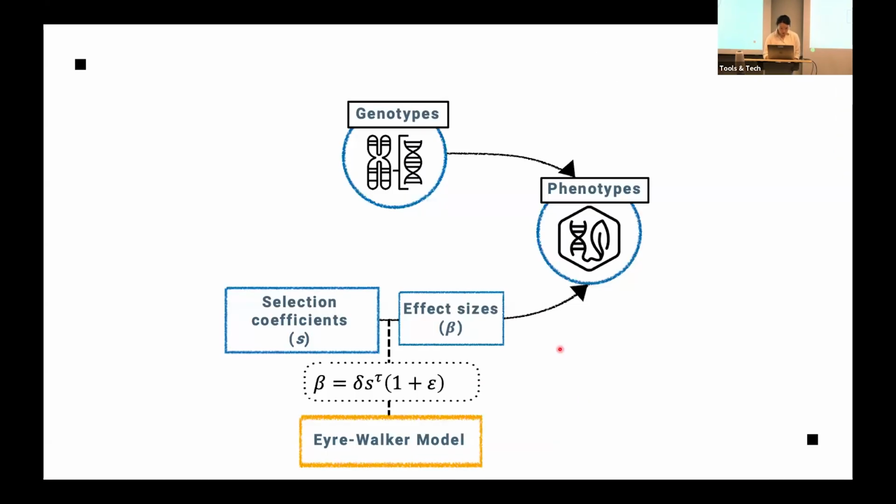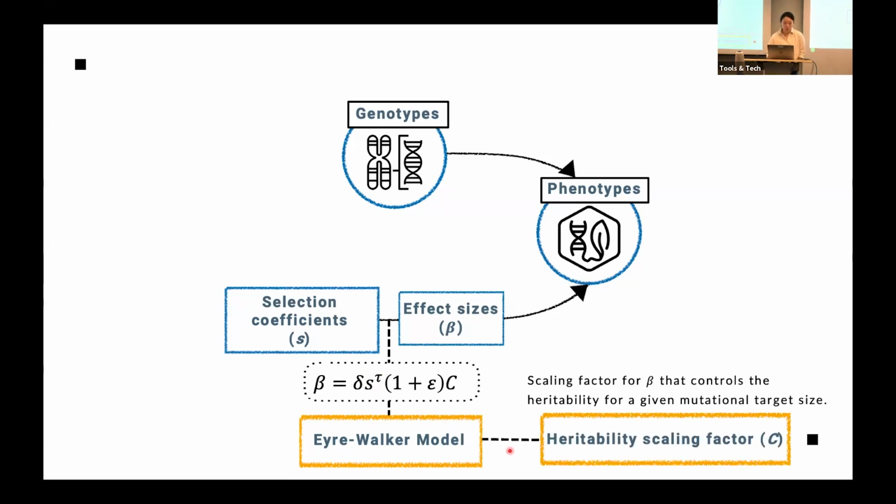So this is the Walker model that we can use to assign the effect sizes to the variants, just using the selection coefficients from SLiM, and we can try different values of tau. But in addition to the Walker model, we use this heritability scaling factor.